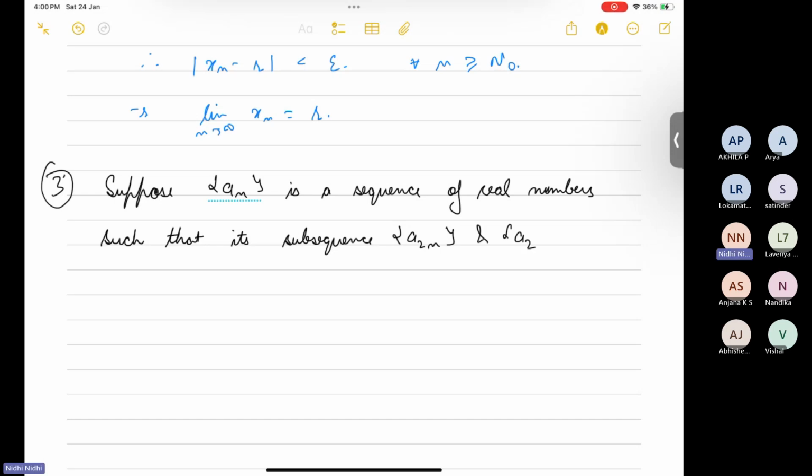Subsequence an and a2n minus 1. You can just unmute yourself and let me know how much idea you have about subsequences so that I can start from there.